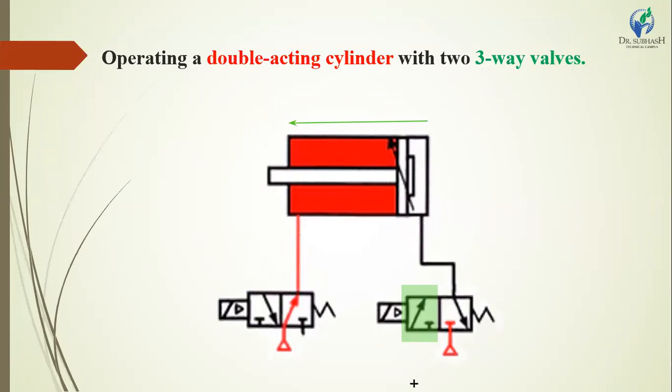The oil enters from the direction control valve to the double acting cylinder, and the oil drains from the other side of the cylinder and returns to the second three-way valve. Here the second condition is operated and the oil drains into the hydraulic tank. And this is the condition for the double acting cylinder working in both directions. But you have to use two three-way valves to operate the circuit.